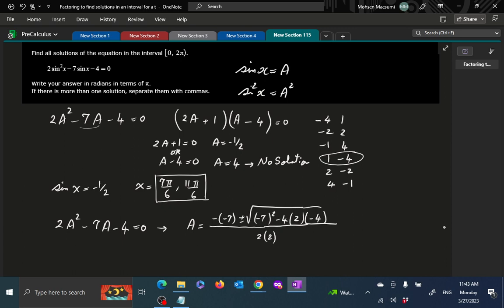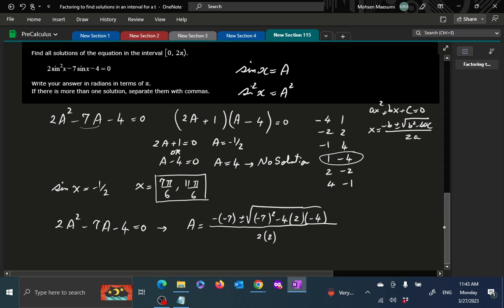Is that right? So if you have ax squared plus bx plus c equal to 0, quadratic formula, minus b plus or minus the square root of b squared minus 4ac divided by 2a, something you have practiced plenty in your prior classes. So here that's what we are using. So it's 7 plus or minus, it's 49, this becomes 32 plus, over 4.